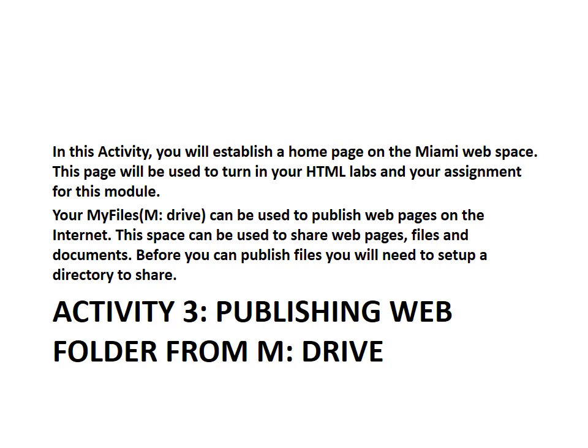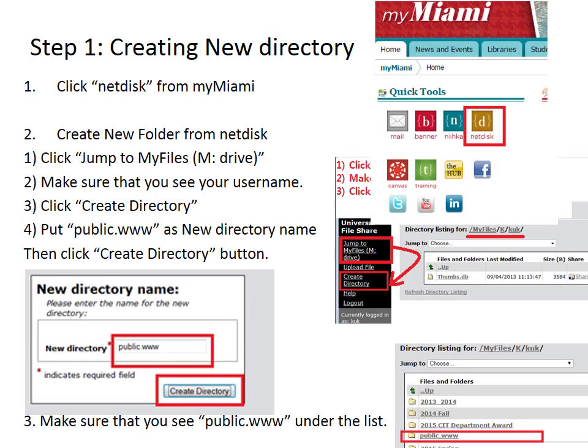In this activity, you will enable your web folder on the Miami web space. It means if you put a web page file in the web folder, people may access your web page through internet. You will use NetDisk to create the public www web folder. Use the class presentation PDF file for detailed steps to follow.